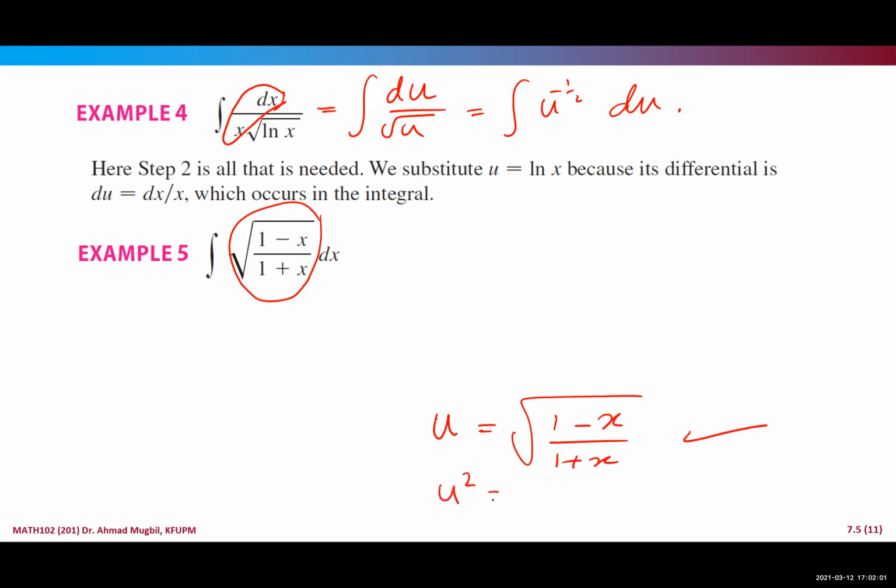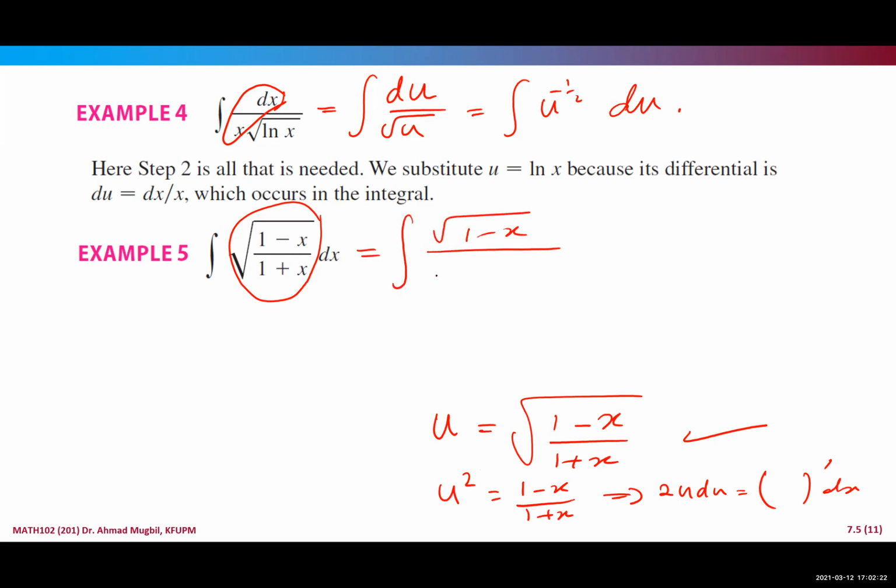Of course, u squared will be 1 minus x over 1 plus x. The problem here is that when you differentiate, you will have 2u du equals the derivative of this one. You need to apply the quotient rule here and then dx. But there is an easier way to do this. What is it? It is to manipulate your integral.